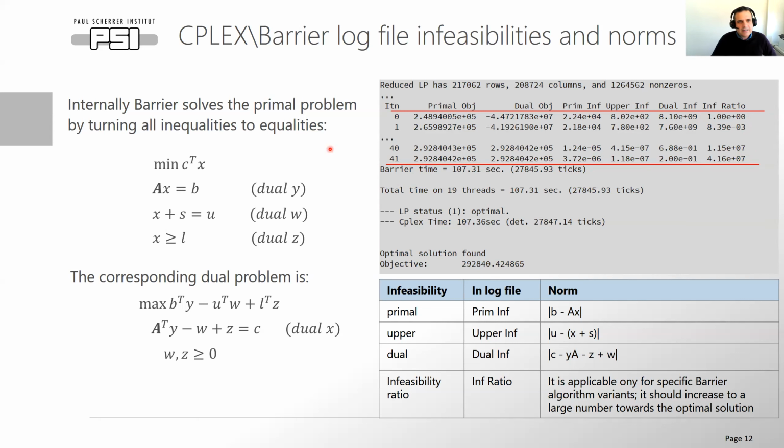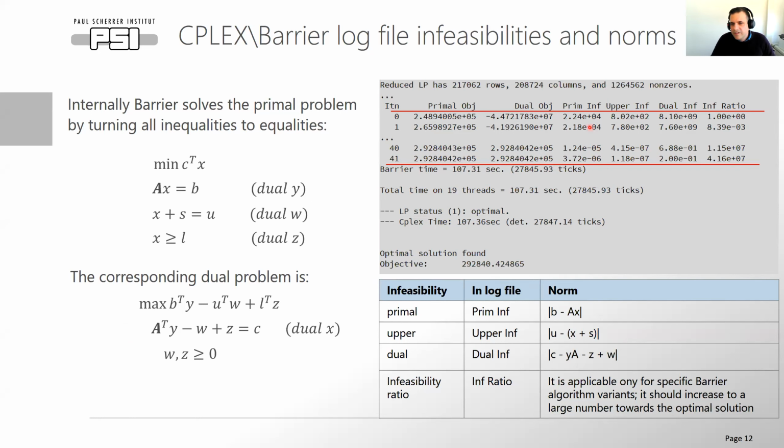Basically the barrier internally transforms all our inequalities into equalities. As you can see here, it transforms our problem by making equalities here. And also when we have upper bounds on the variables, it introduces slack variables. This is the primal problem, and this is the corresponding dual problem.